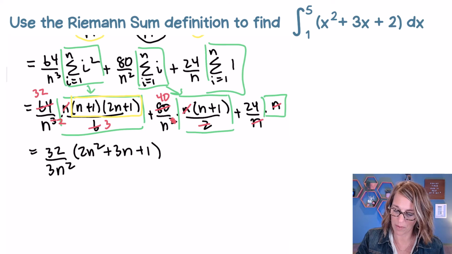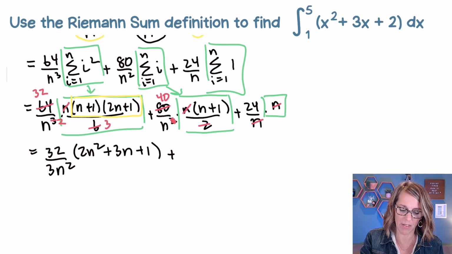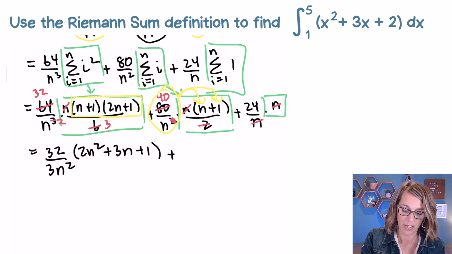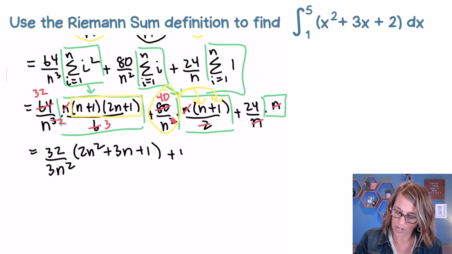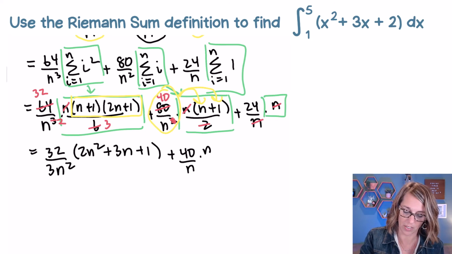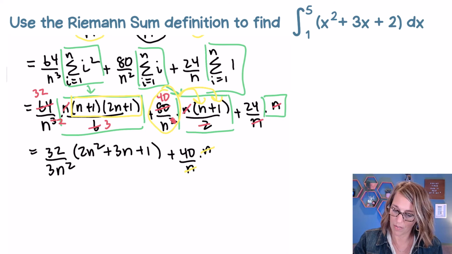Moving on to the next one, I can go ahead and take that 40 over n and multiply it by n and multiply it by 1. So I end up with plus 40 over n times n. Those are going to cancel. Plus 40 over n times 1, that's 40 over n. And then that last term is going to be 24.